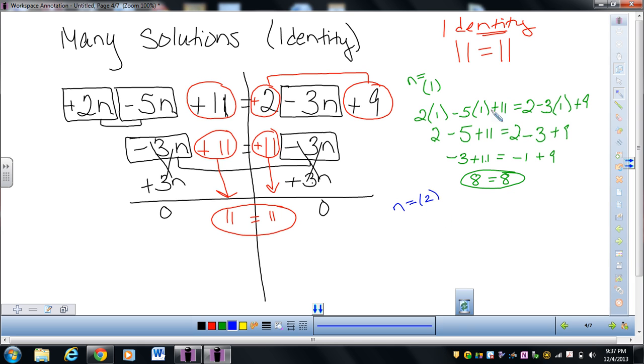And it should work because if it truly is an identity, it doesn't matter what number I substitute for n, it will always work.